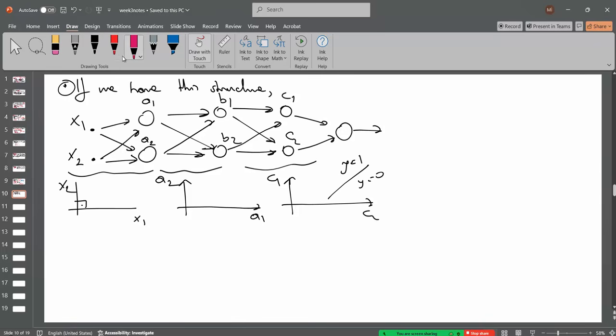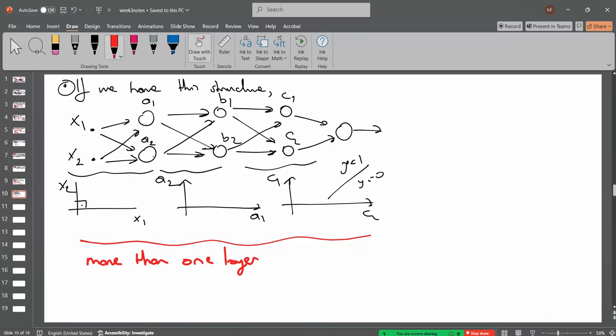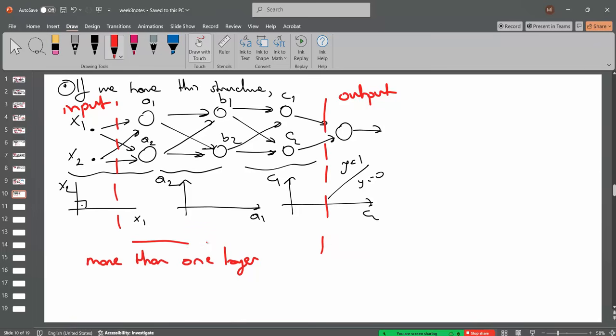Okay? And if we have more than one layer, this is the output layer, this is the input layer. But if we have more than one layer, which we call deep learning or a deep neural network, nothing more.